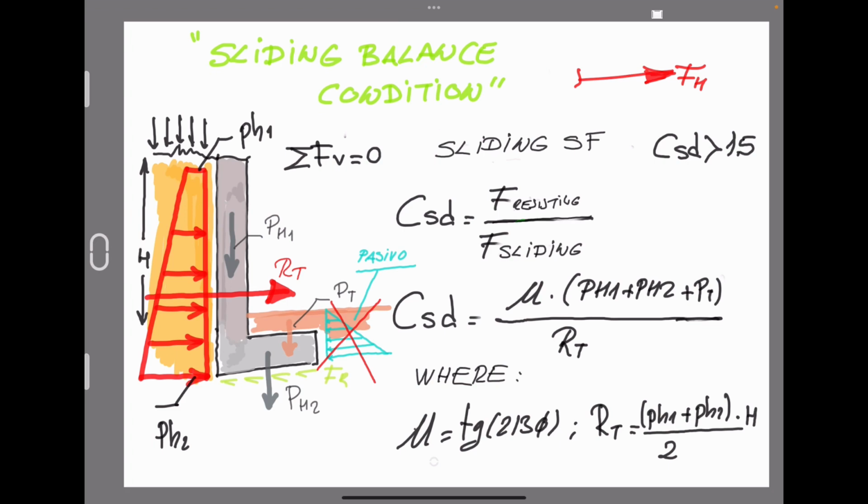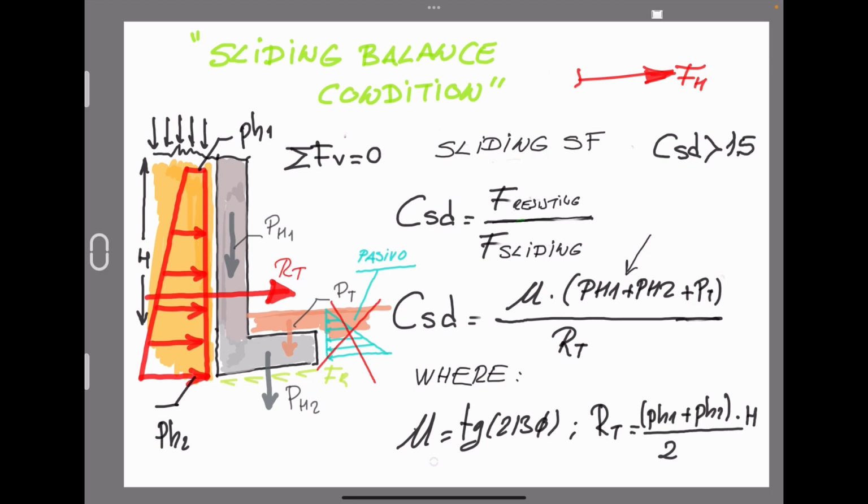The safety factor for the sliding is assumed as the relationship between the resistant forces divided by the sliding forces. As you can see here in this term, in the numerator, we can find that the resisting forces are equal to the friction coefficient multiplied by all the weights acting against the soil.